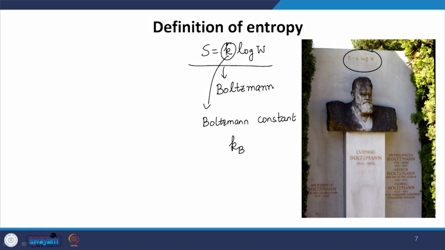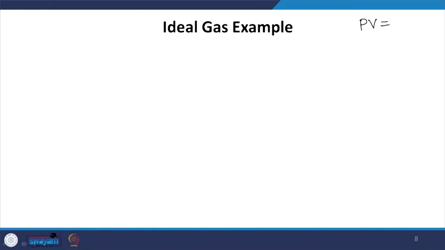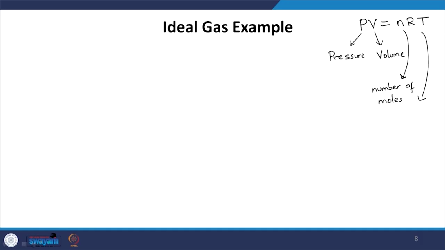So, with this definition of entropy, let us start with the simplest example that we discuss in thermodynamics of an equation of state, that is the ideal gas law. You may recall the ideal gas law says PV = nRT, where P stands for pressure, V stands for volume, n stands for the number of moles, and T stands for temperature.